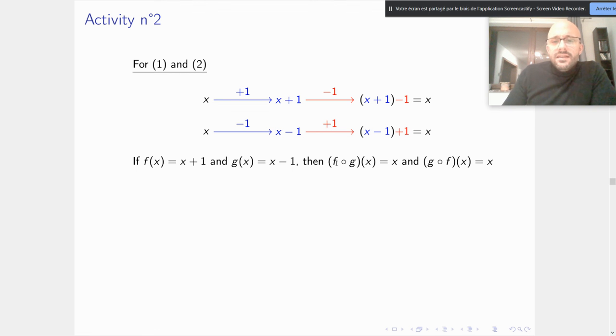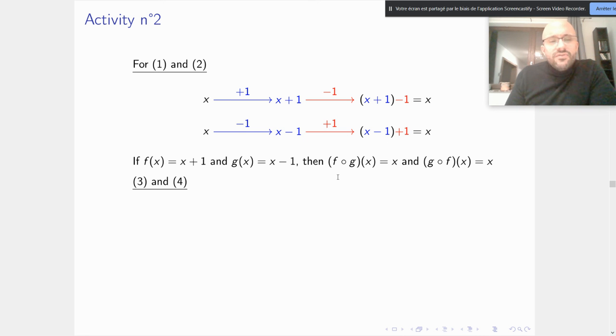We see here that if we compose those two functions, the two operations that we wanted to study, it always gives us x. And for each type of composition, the result has to give us x when we compose them.